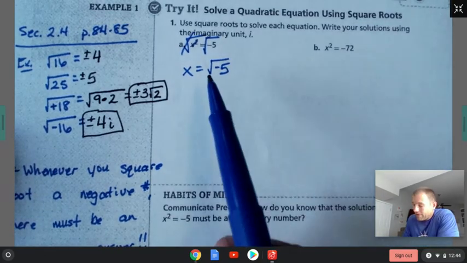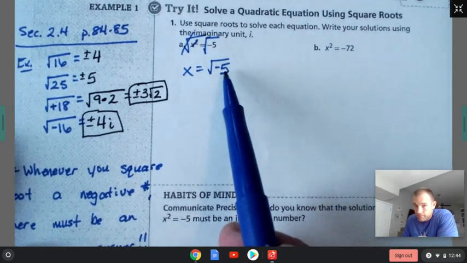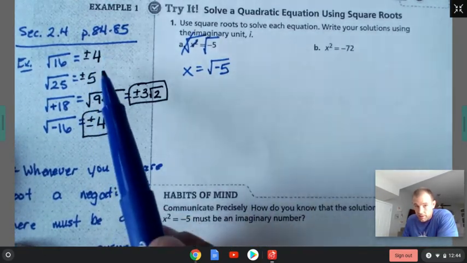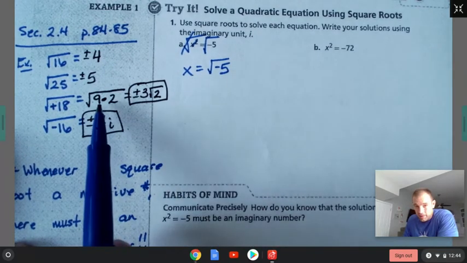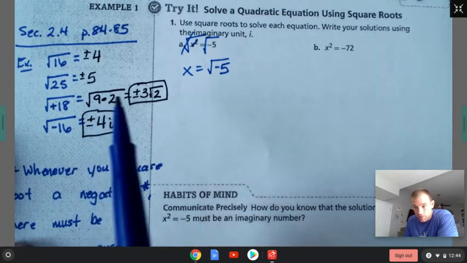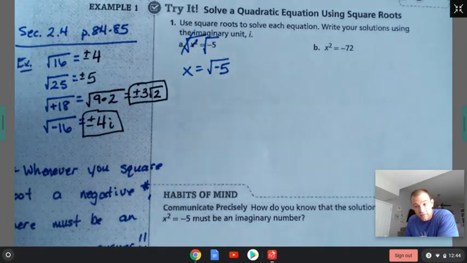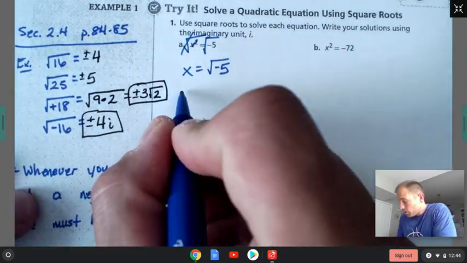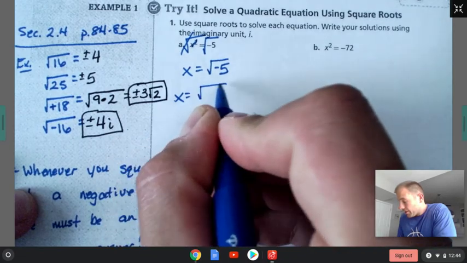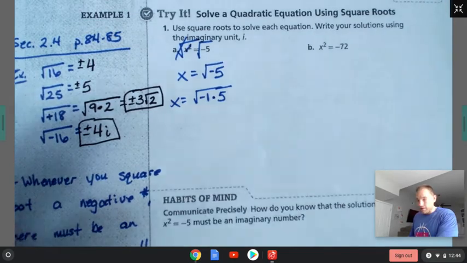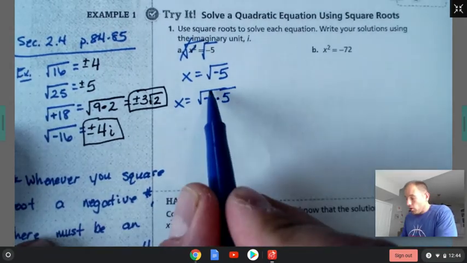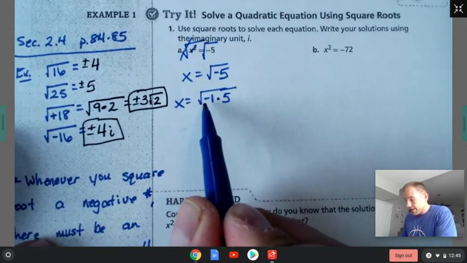Now, 5 isn't a perfect square, right? I can't split it up into 4 and 5. And I also can't break 5 down like I did with 9 times 2, because the only thing that multiplies to get 5 is 5 and 1. So negative 5 is the same thing as negative 1 times 5, right? That's the exact same thing. The only thing I can do is take that negative sign out.